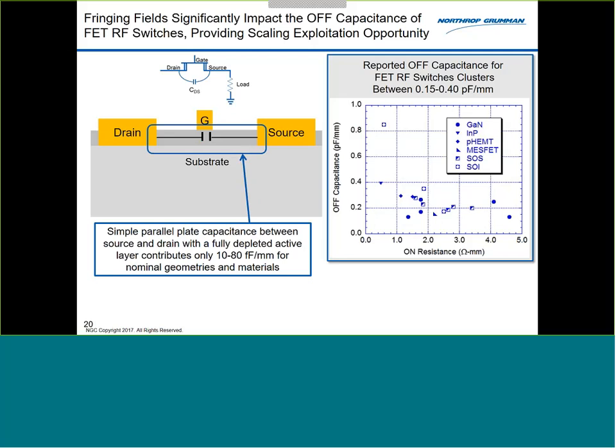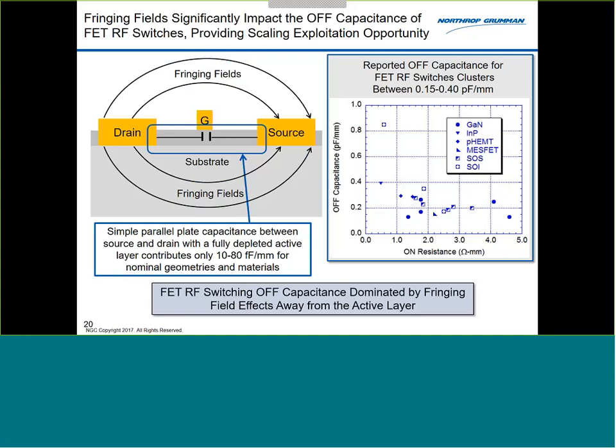I get about 10 to 80 femtofarads per millimeter. But if I look at the literature, shown here on the right, what people report for FET RF switch capacitance is normally around 0.2 picofarads per millimeter, so 200 femtofarads per millimeter, which is roughly 3 times that.